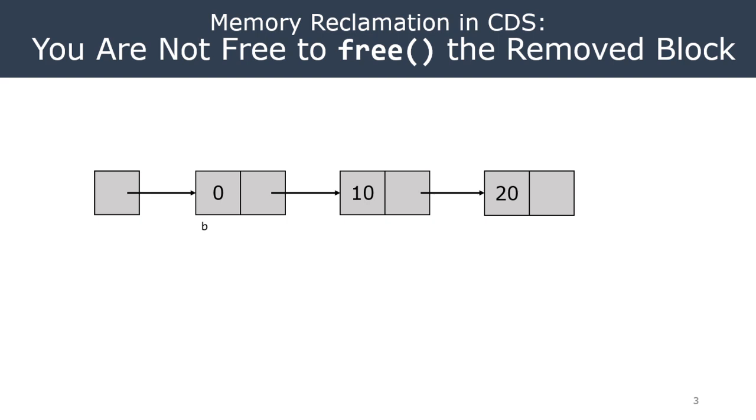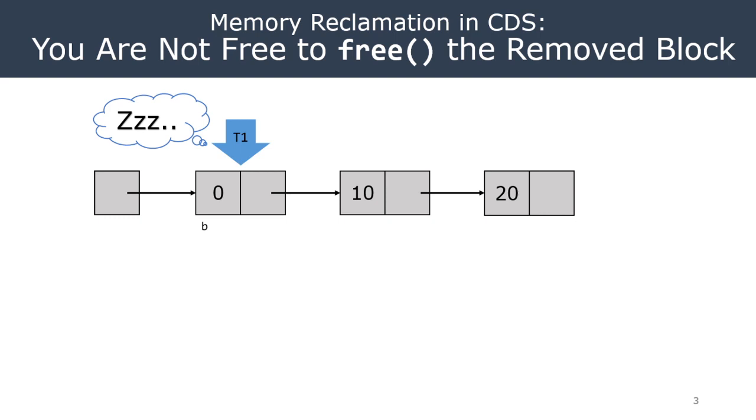Suppose that the block B is going to be removed from the data structure. For now, let's assume that T1 is concurrently accessing the same node B, and it has a pointer to the first node that contains the value 0. Then T1 goes to sleep because of various reasons.